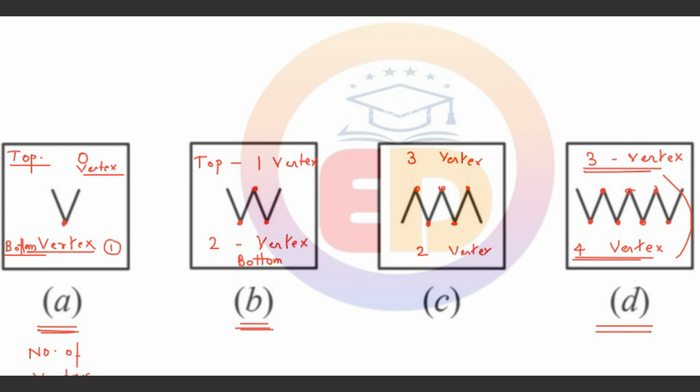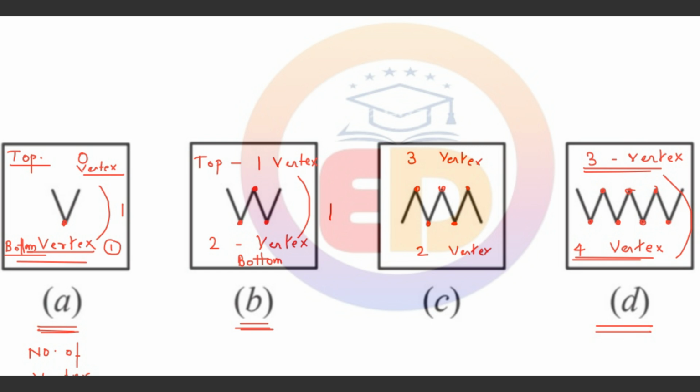In the figure B, at the top there is 1 vertex, at the bottom there are 2. Difference is 1. First figure, bottom there is 1 vertex, top there is 0. Difference is 1. And in all these A, B and D 3 figures, we see that the number of vertex at the bottom is greater than the number of vertex at the top, and that is greater by 1.